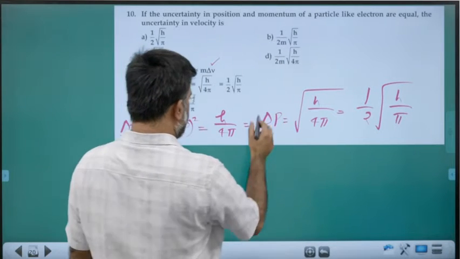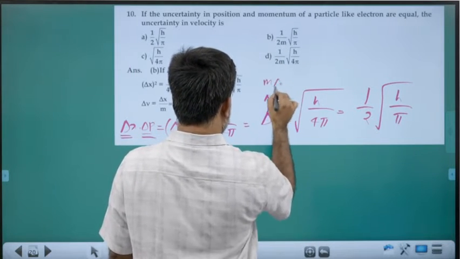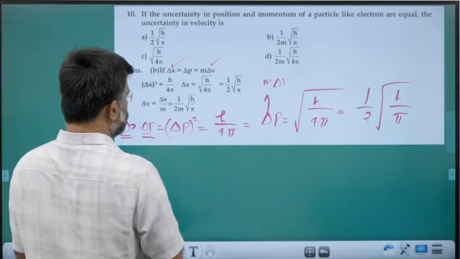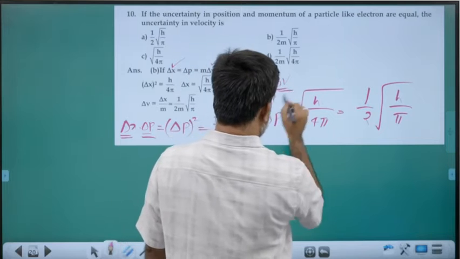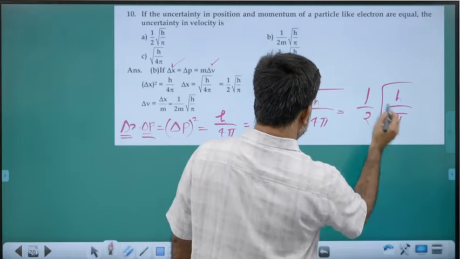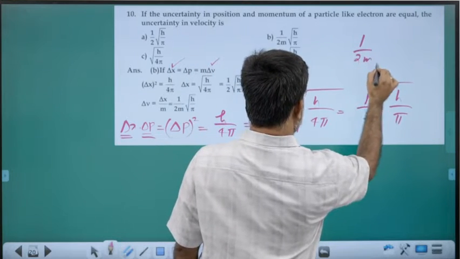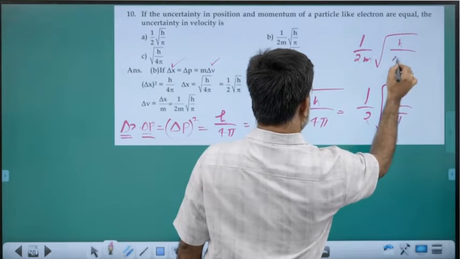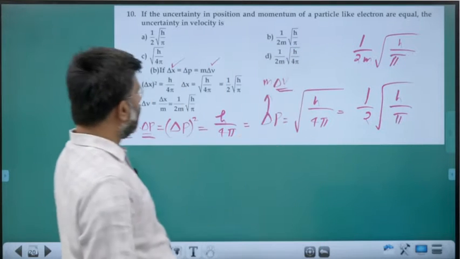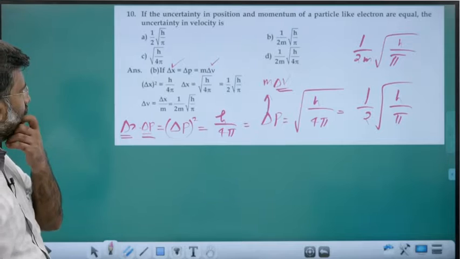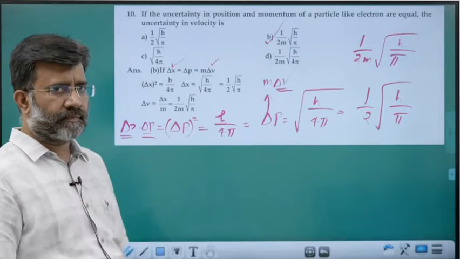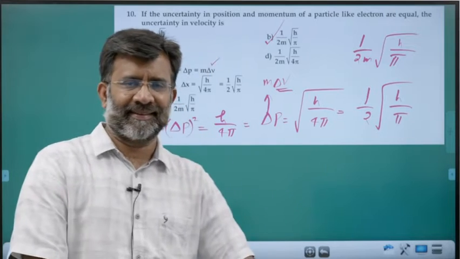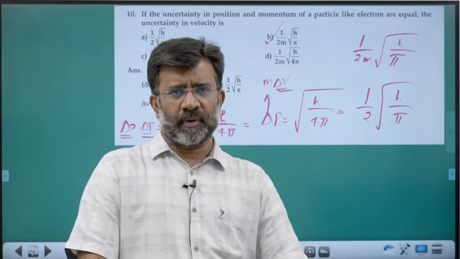Now delta p is m delta v. M delta v is equal to half root h by pi. Therefore delta v will be 1 by 2m root h by pi. Option B is the correct answer. Isn't it? Simple question.